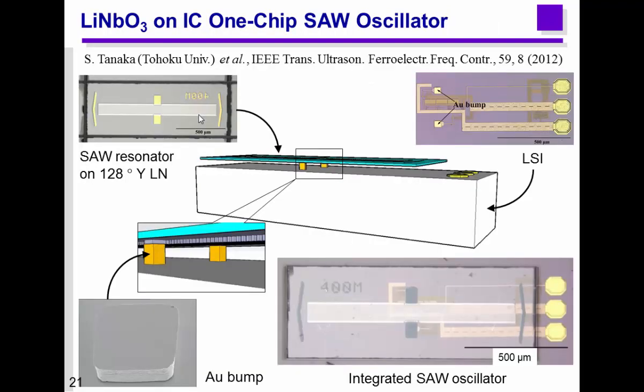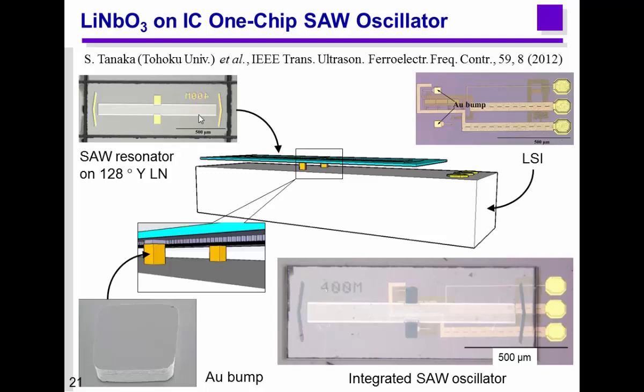This kind of method can be applied to different kinds of materials. In this case, a lithium niobate surface acoustic wave resonator was integrated on the CMOS sustaining amplifier. The difficulty is, of course, the mismatch of thermal expansion. The coefficient of thermal expansion is quite different between the two materials.